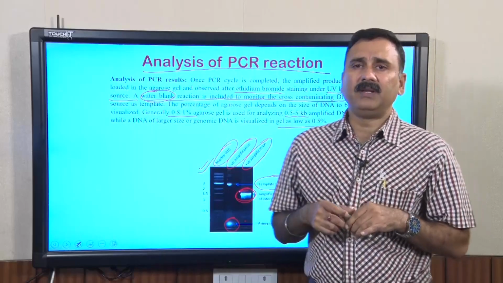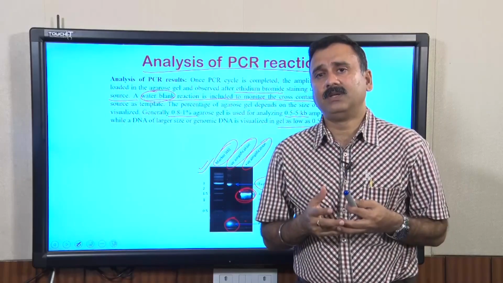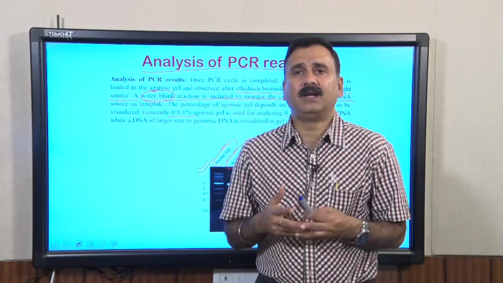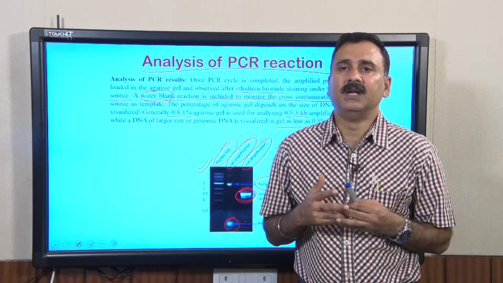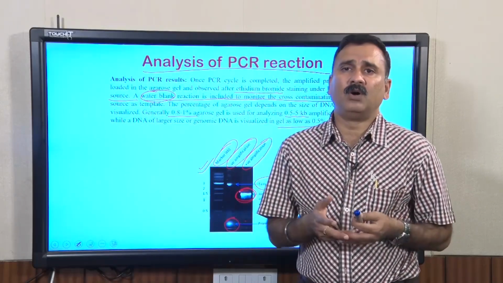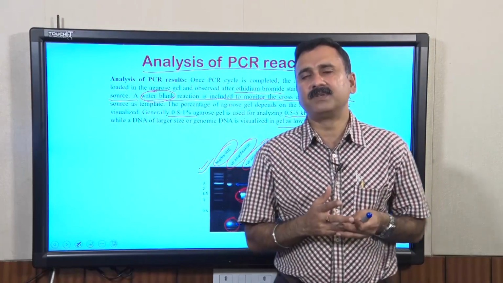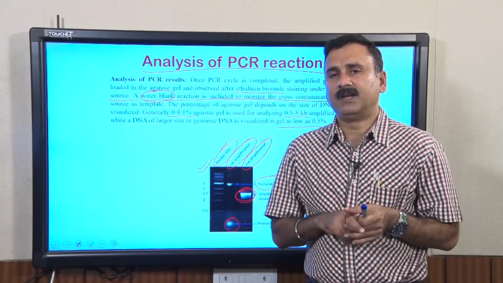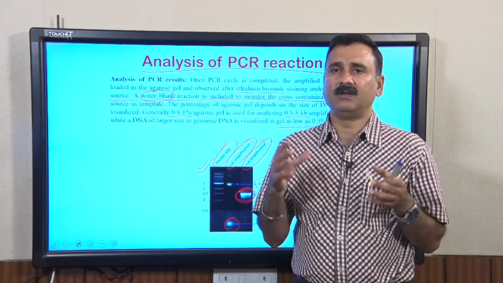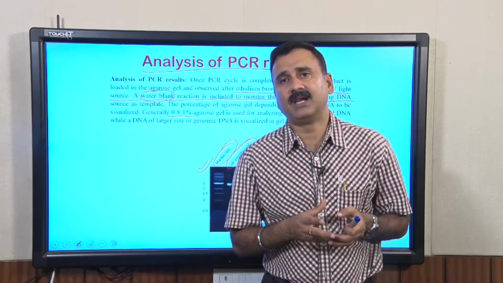So, there are multiple technological steps we have discussed. We started with the very basics of how DNA synthesis occurs in the prokaryotic or eukaryotic system, and then slowly we moved on to tell you the technological steps required to set up the PCR reactions, and the different types of reagents required to perform them.